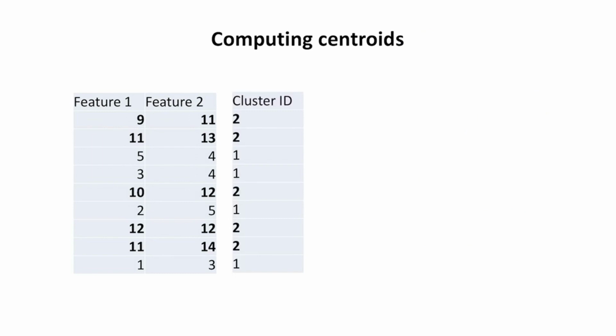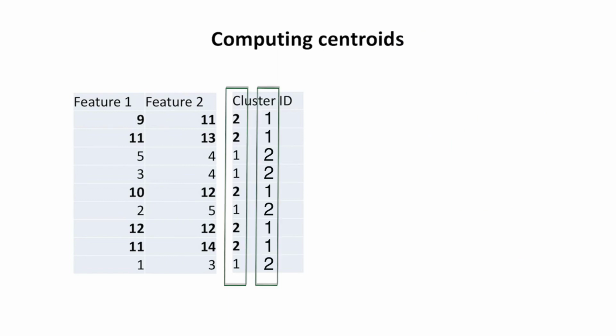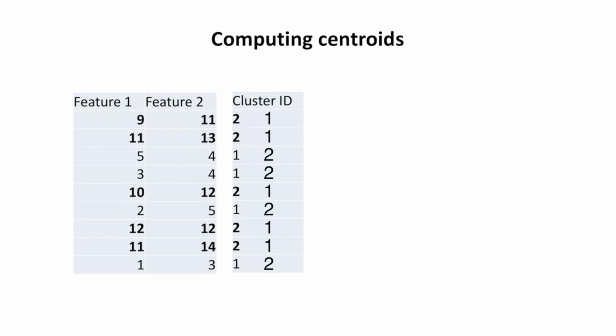Again, it is fine if we rename cluster 1 to cluster 2 and cluster 2 to cluster 1. These two sets of assignments are the same. We could even name the two clusters cluster A and cluster B. All that matters is if the points in the same cluster have the same cluster ID.